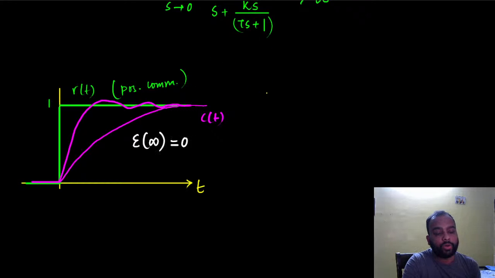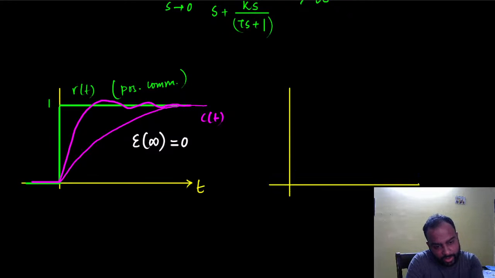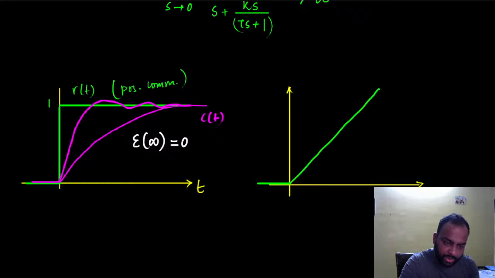But what if I ask this system to follow a ramp input? Essentially, what if I ask it to follow a certain velocity command? Let's look at the command signal. That is what the command signal would look like. Again, this is the velocity command once again.